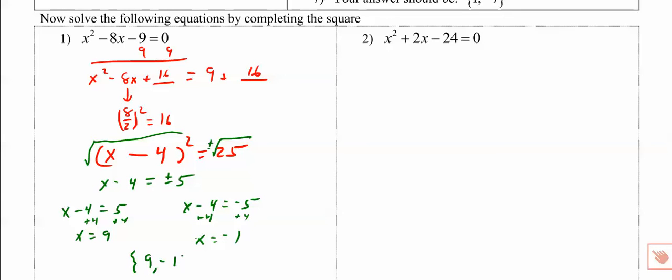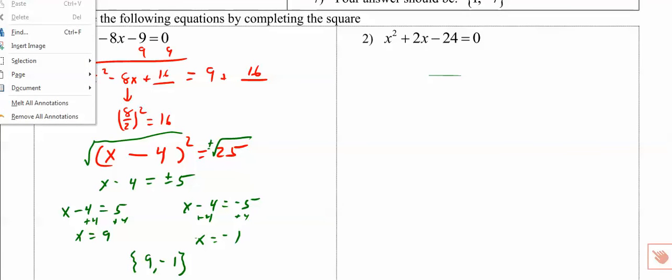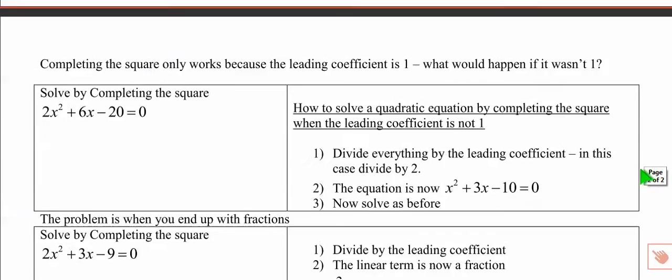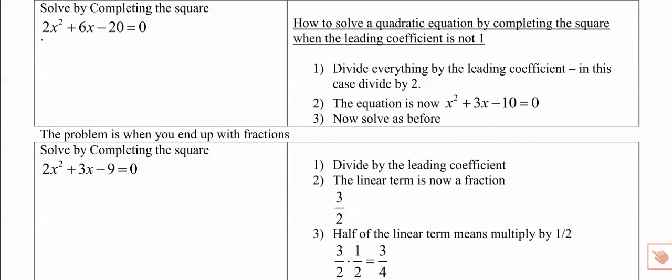9 and negative 1. All right, this is fine and dandy because the leading coefficient is 1. What happens when it's not 1? That's what the second page was all about. We divide everything by the leading coefficient. That's the leading coefficient.